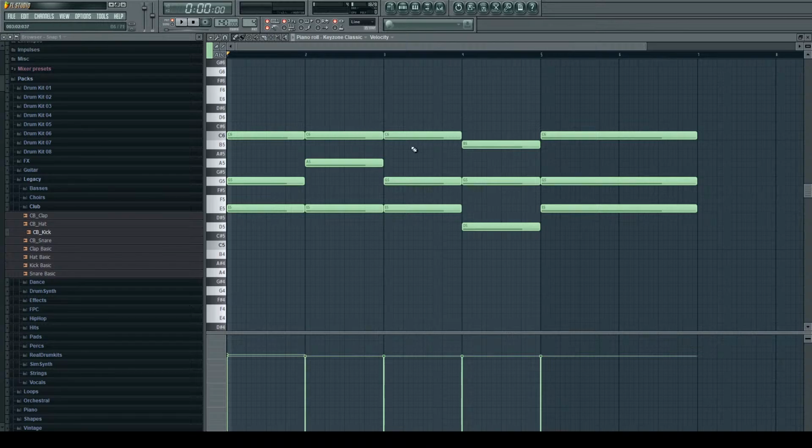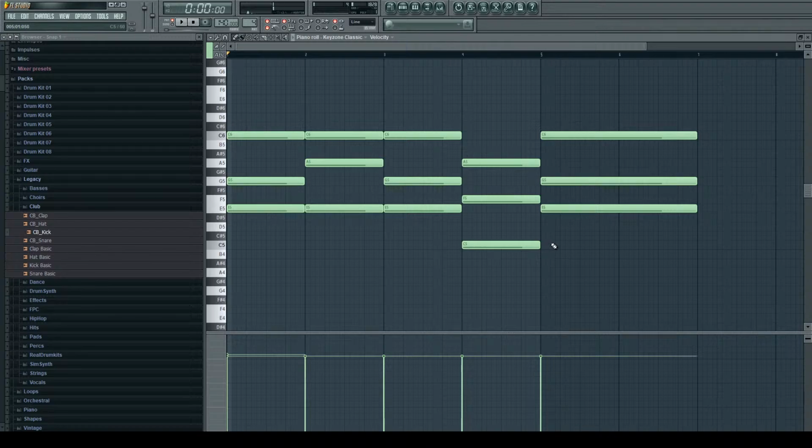And here, let's use the F chord using a second inversion again. Okay, so that's the F.